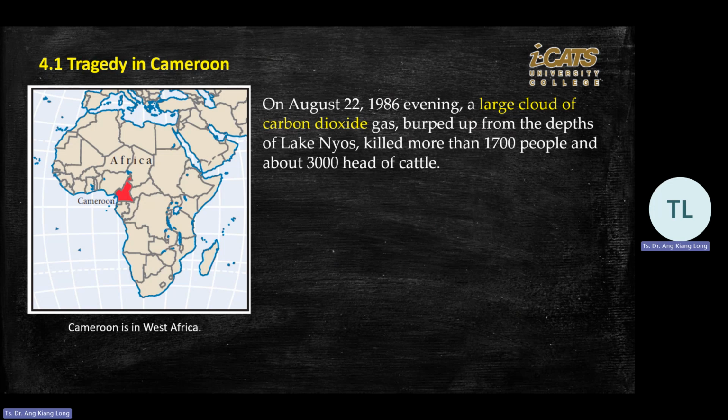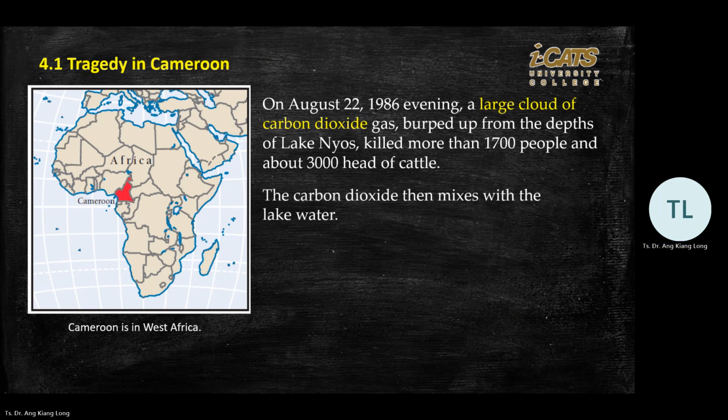It killed 1,700 people and 3,000 cattle because of CO2 gas. Basically, it wiped out the whole village. Why? This incident reminds us how important concentration, solution, and so on are.